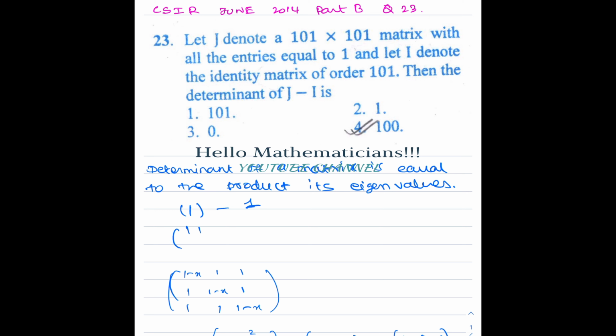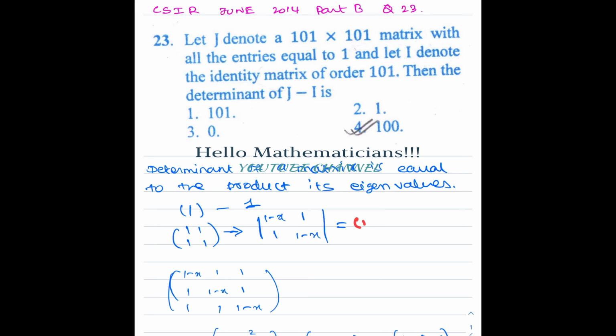Consider the 2 by 2 all one matrix. How do we find its eigenvalues? You have to find the determinant of the matrix with entries 1 minus x, 1, 1, 1 minus x. In the diagonal I have subtracted x to calculate the determinant.